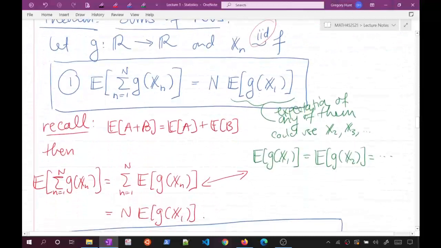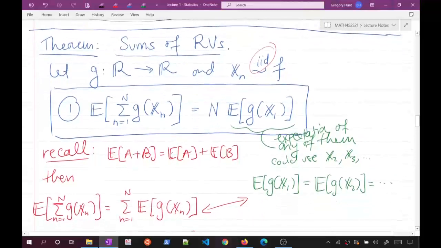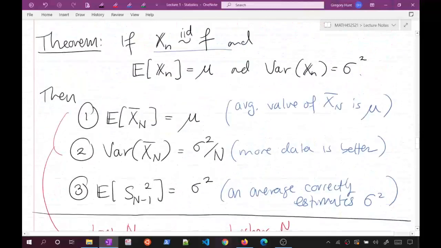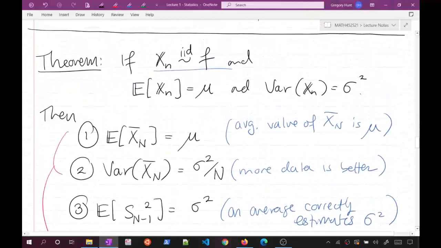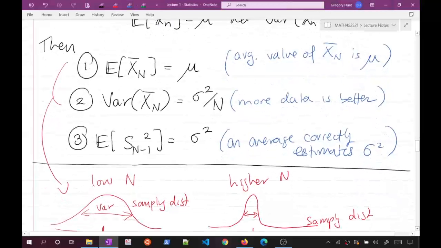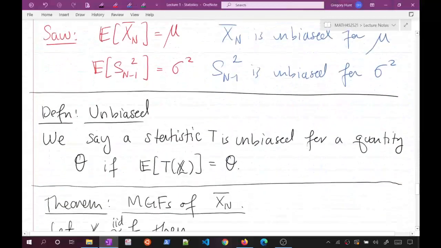And we had some theorems, nothing too bad, kind of 451 derivable facts, about sums of random variables, kind of what happens to the expectation and variance of sums. The reason why we talk about sums is because they help us talk about the arithmetic mean, which is kind of the simplest statistic. We had some facts about the arithmetic mean and a fact about sample variance. We talked about how these things are unbiased, and what unbiased means.